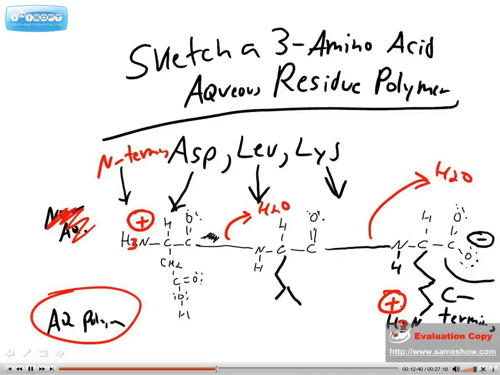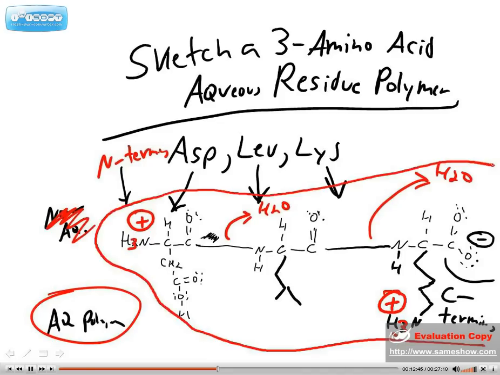So this right here is what you'll be expected to draw, and you can go straight to the final product if you want. You don't have to go through the steps that I did, but this will be the final product that you need to draw if I give you the starting 3 amino acids. So this is the proper answer for sketching a 3 amino acid aqueous residue polymer.